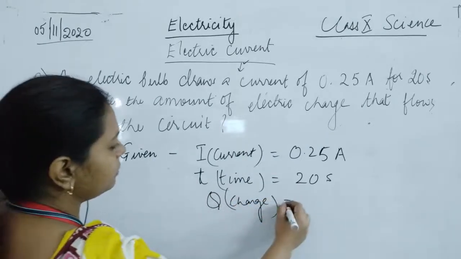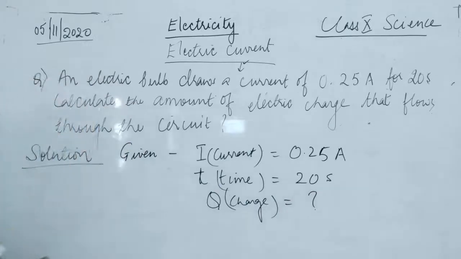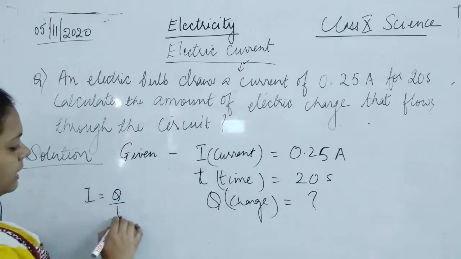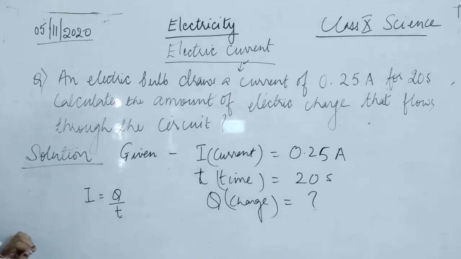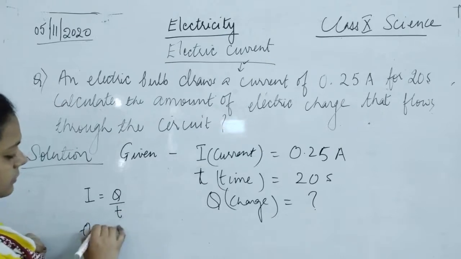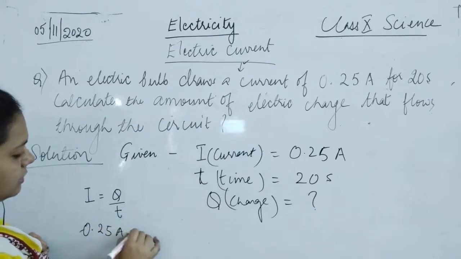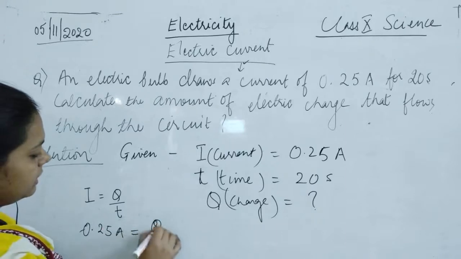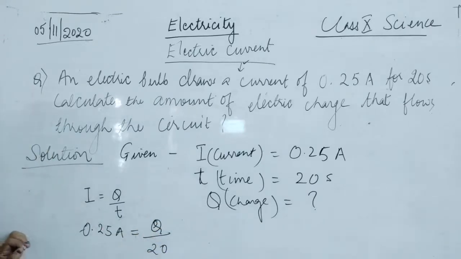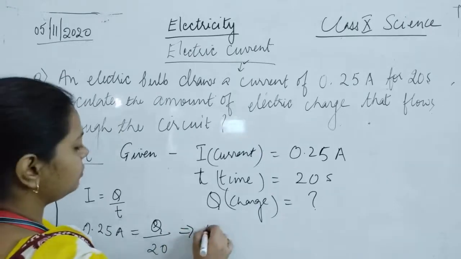How can you find out the charge? We have the formula I is equal to Q by T. So we can substitute I, that is 0.25 ampere, charge we don't know, so we will write Q, and 20 seconds. We can find out Q.